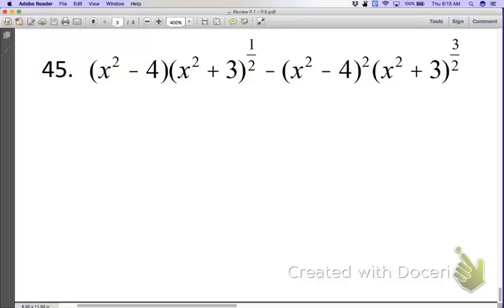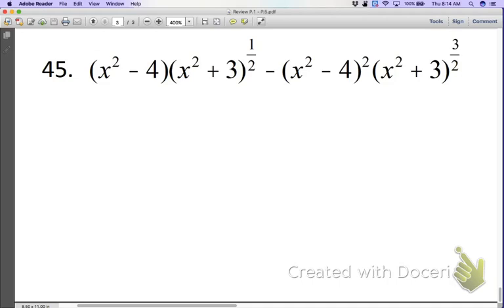Alright, straight to the end at 45. So we're going to have to factor. First off, let's factor out, forgetting about the factor that, or the part that has the smallest exponent.